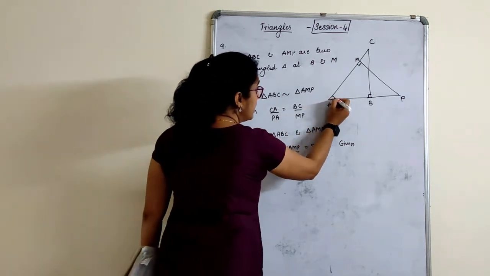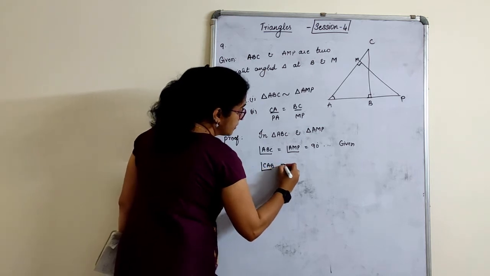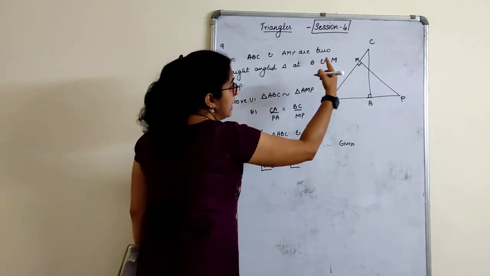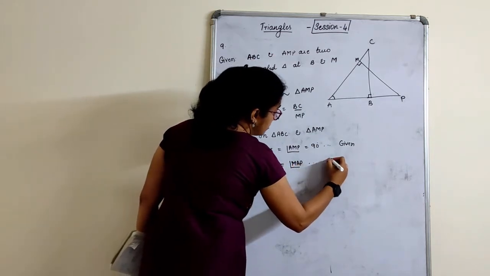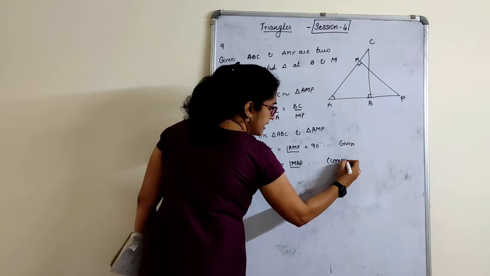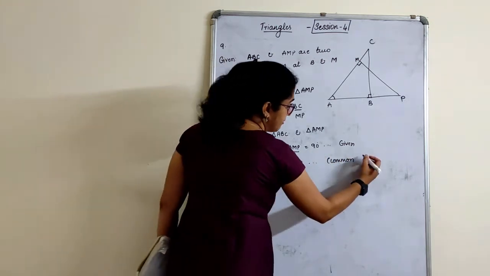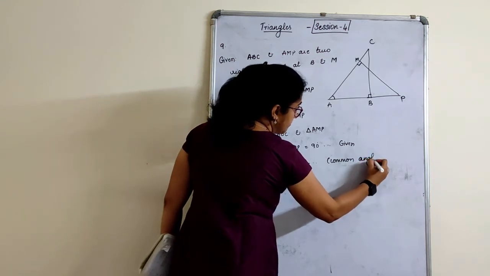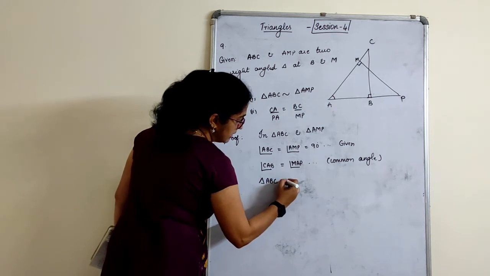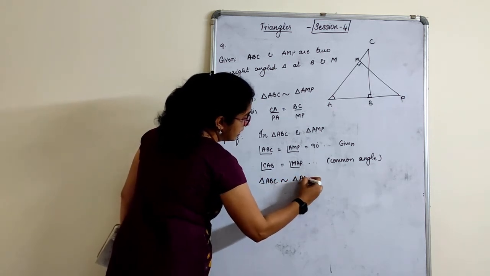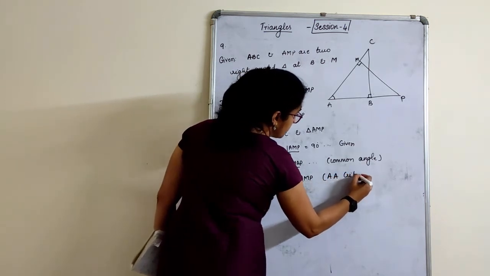That is angle A. So I'll write angle CAB is equal to angle MAP. Reason: common angle. Two angles are enough to prove the similarity criteria. Therefore, triangle ABC is similar to triangle AMP by AA criteria.